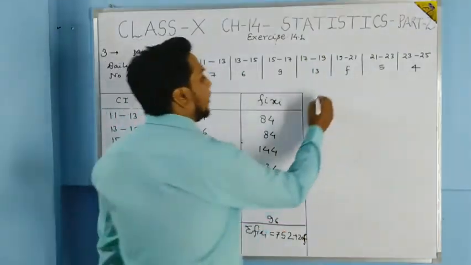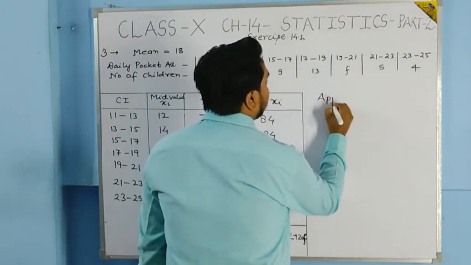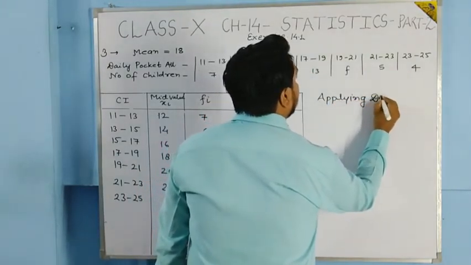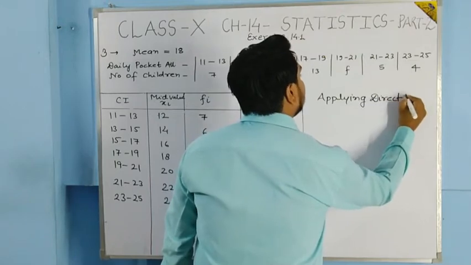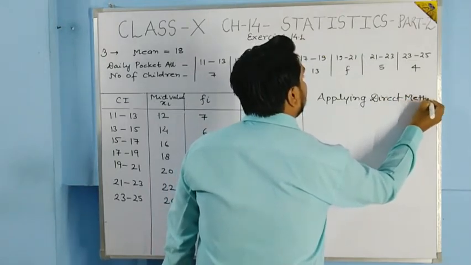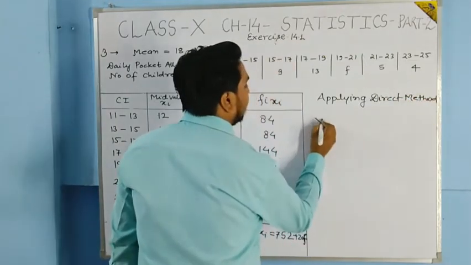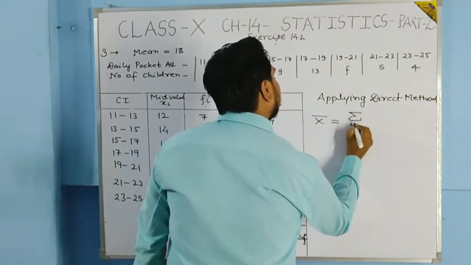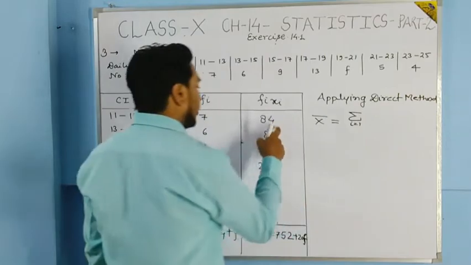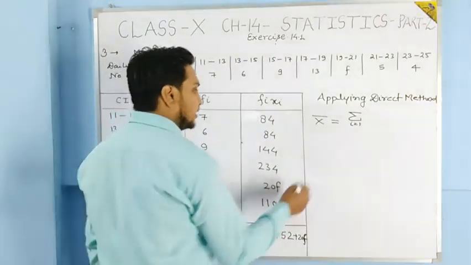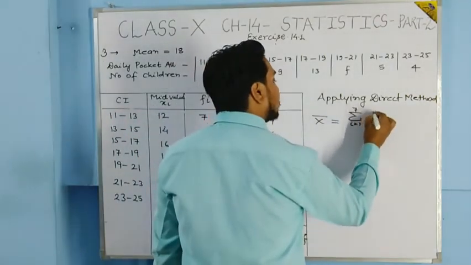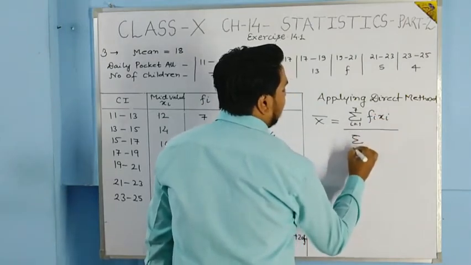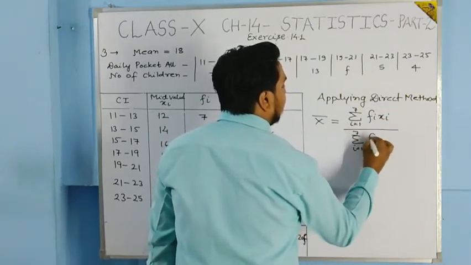Now students, applying the direct method, we have to write the formula for that. X bar is equal to sigma i equals 1 to 7, since 7 data are there, fi xi upon sigma i equals 1 to 7 fi.